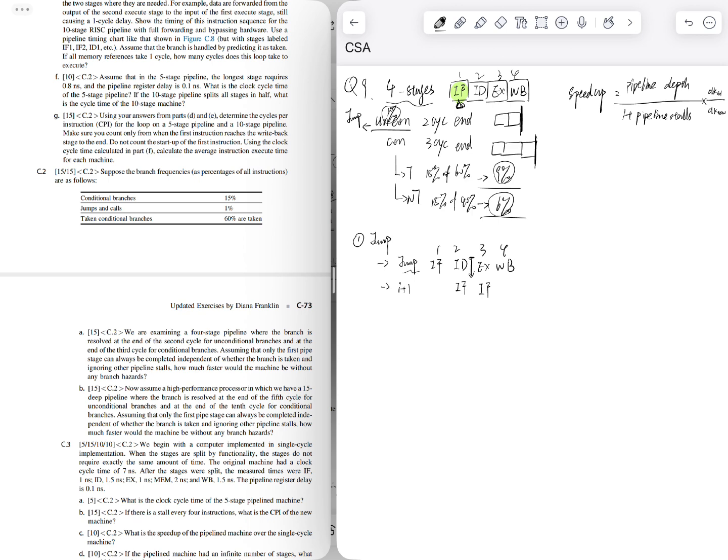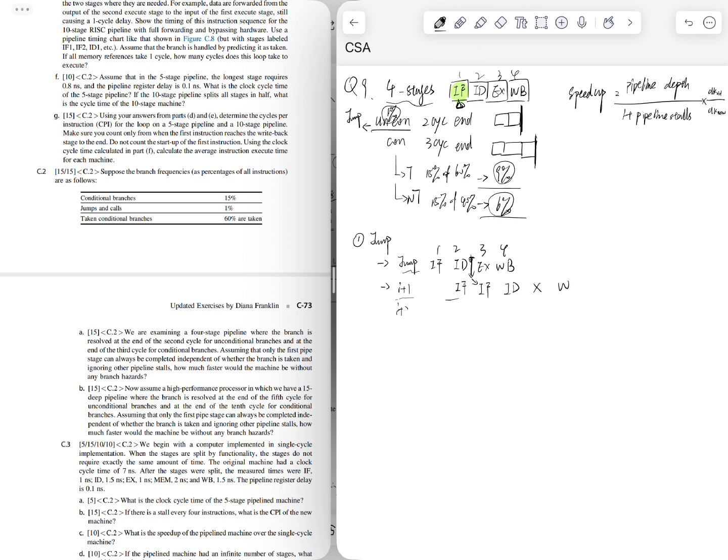That means the original address of instruction 1 is wrong, so we have to fetch again. Here we will get the new address for instruction 1. So here we do an instruction fetch, and then decode, execute and write back.